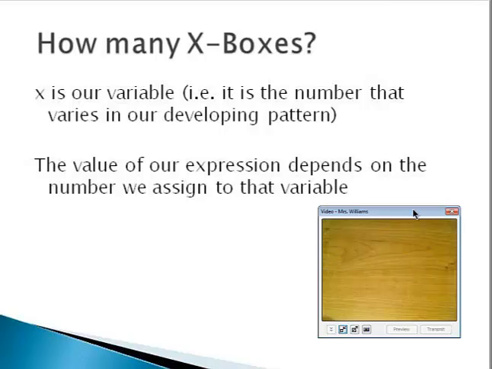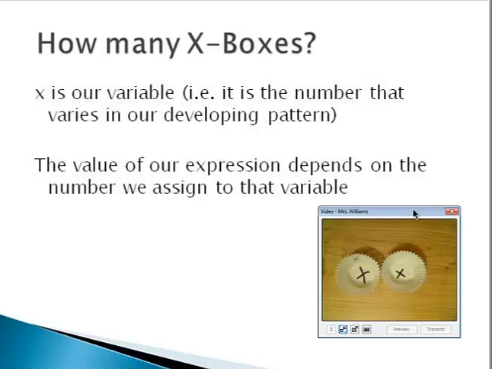So we're going to let our X box, and mine is a little muffin cup, be our variable in our algebraic expression. And of course, we know we can have various numbers of x depending on our coefficient.